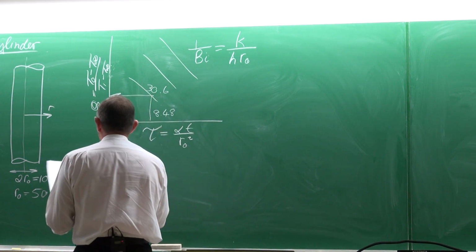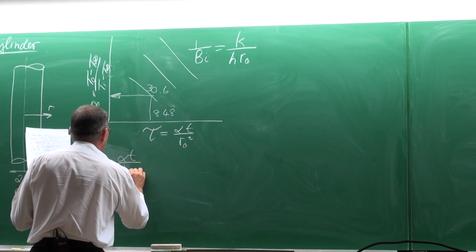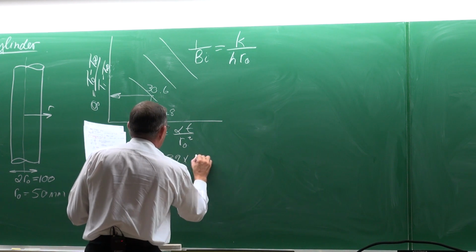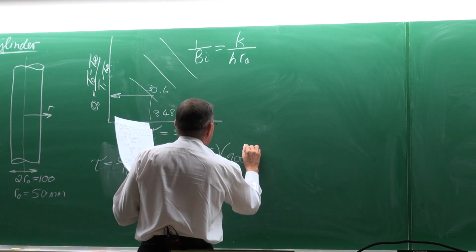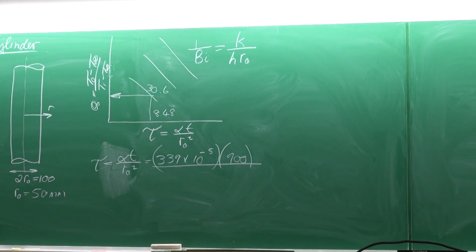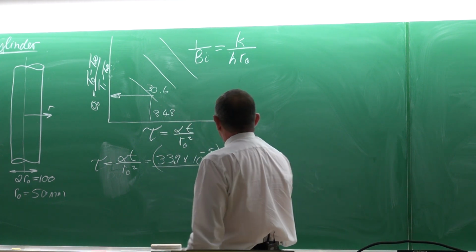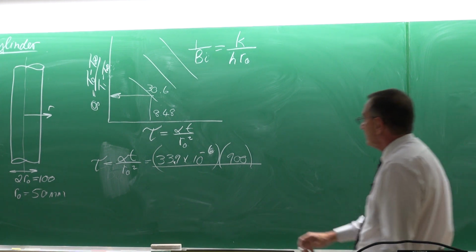So, if we go and calculate the non-dimensionalized time, it is equal to alpha t divided by R0 squared. Alpha is 3.39 multiplied by 10 to the minus 5, multiplied by 900 seconds. The 900 seconds is 15 minutes. So isn't alpha supposed to be 33.9? Yes, 33.9 multiplied by 10 to the minus 6, multiplied by 900 seconds.